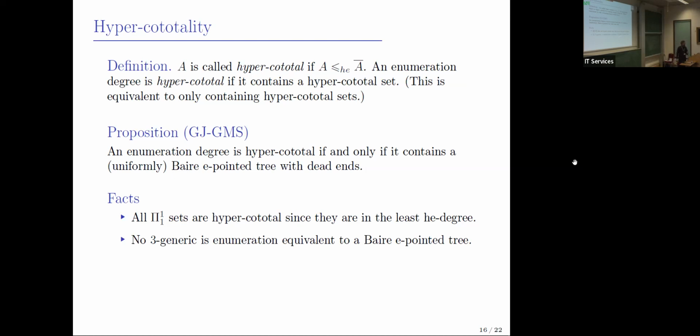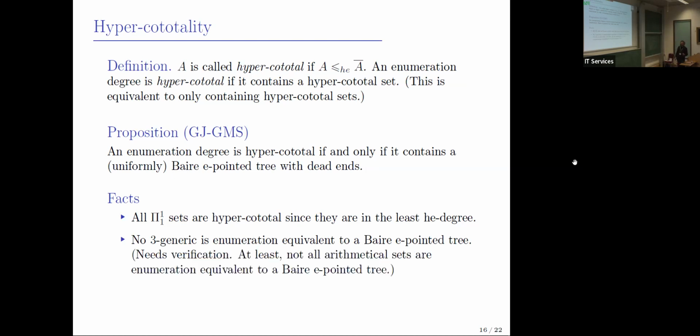I have to say, last night I realized we never really wrote that proof down. What we actually have is a construction of an arithmetic set that is not enumeration equivalent to a Baire e-pointed tree. So this is what I really should claim. It's the sort of construction that should morally be generalized to that, but no one's bothered to work through.